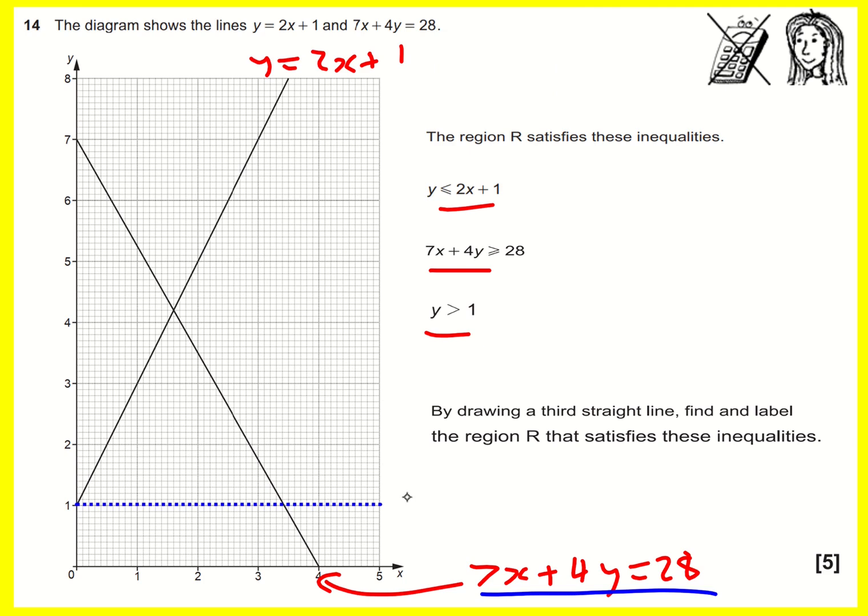Okay, so that is the line y equals 1, but I'm interested now in the inequalities, so I'm interested in where it's less than or equal to 2x plus 1. That's going to be this side, but below, wait, I'm looking at the wrong line, sorry. It's going to be below here.